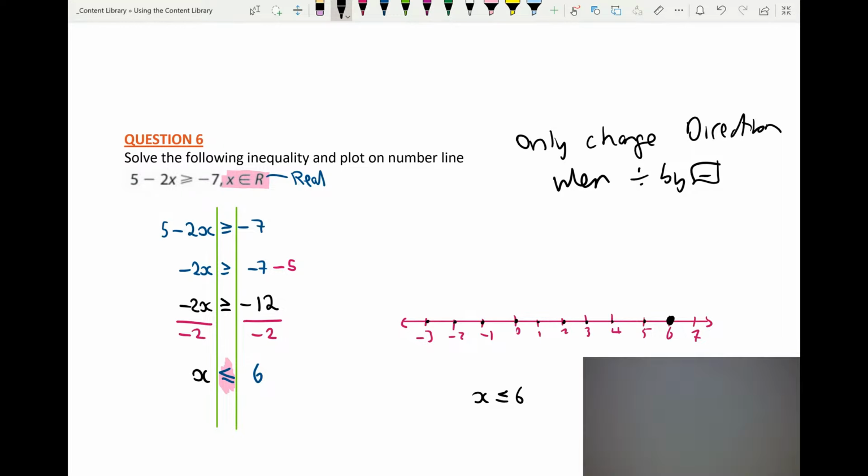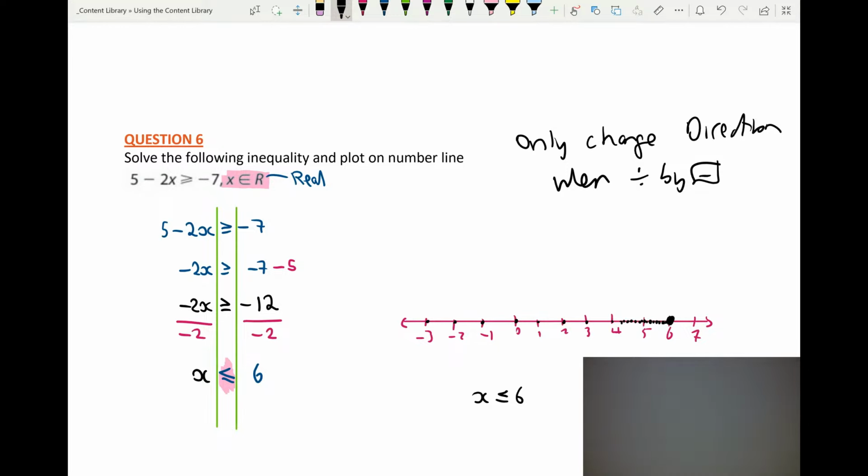But if you understand what a real number is, real numbers are fractions, decimals, everything you can think of. So I could have 5.5, 5.25, 5.75, 5.1, 5.6, 5.8. And what you'll notice is all those millions and billions of dots that you're putting on your number line are actually creating a line.